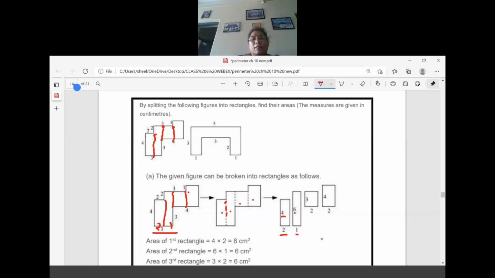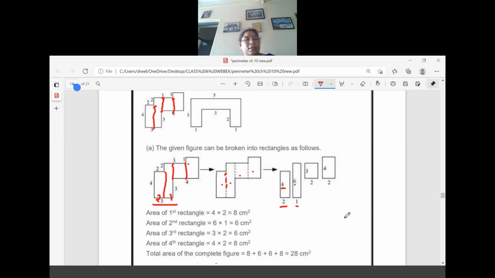The total is 4 only, but here we have to get the breadth. Already it is divided into two parts, so it will be 2 and 2 only. Like that we get four rectangles, and all dimensions have been written correctly.